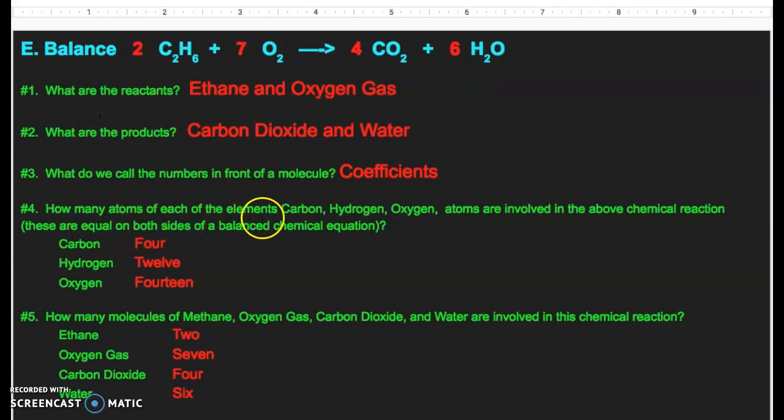How many atoms of each of the elements, carbon, hydrogen, oxygen, were present on both sides? They have to be the same. You have 4 carbons on the left, 4 on the right, 12 hydrogens on the left, 12 on the right, and 14 oxygens on the left, 14 on the right. How many molecules? You had 2 ethane, you had 7 oxygen gas, you had 4 carbon dioxide, and you have 6 waters. Hopefully we got that. Now you have to do those other 4 by yourself.